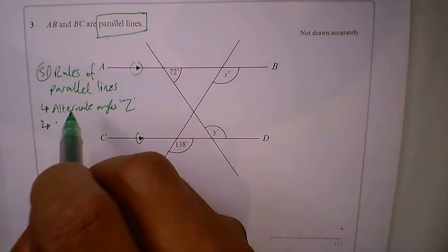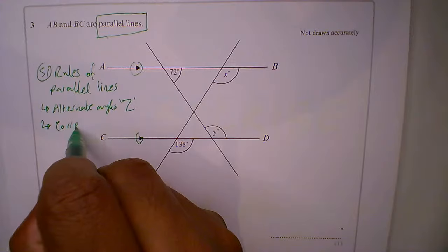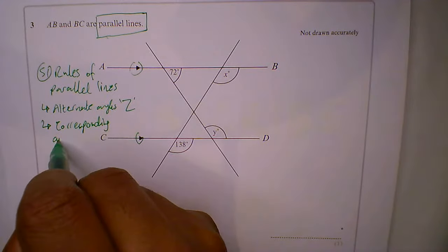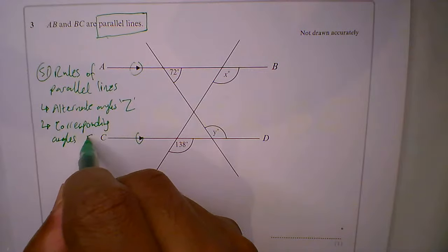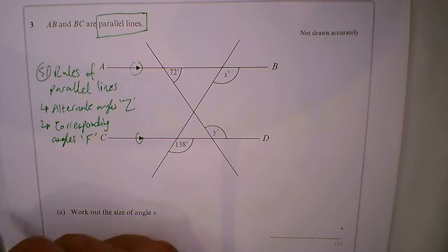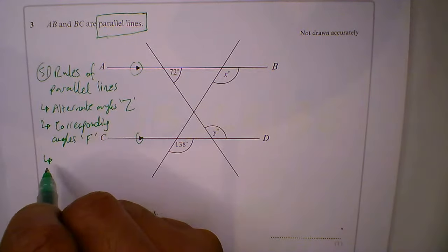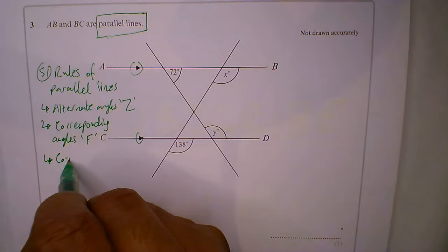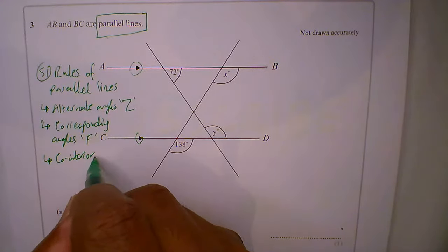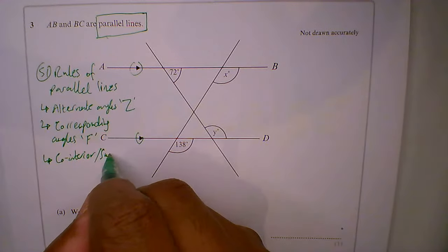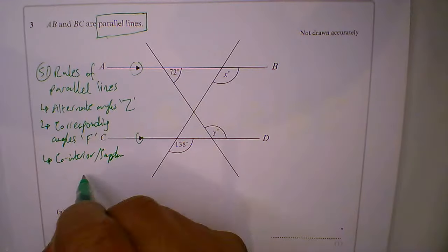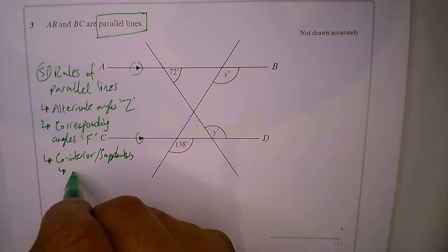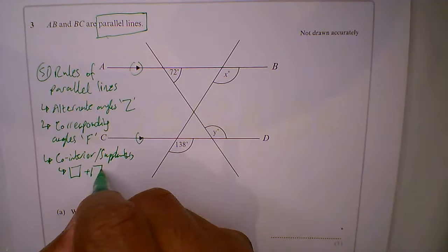We've got corresponding angles, which we look for F angles, and then we can call co-interior, or supplementary, and they add up to make 180.